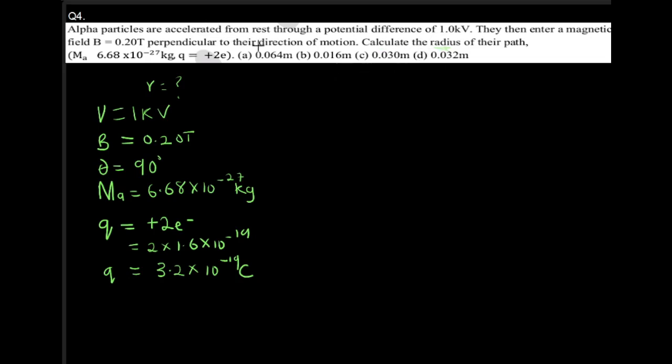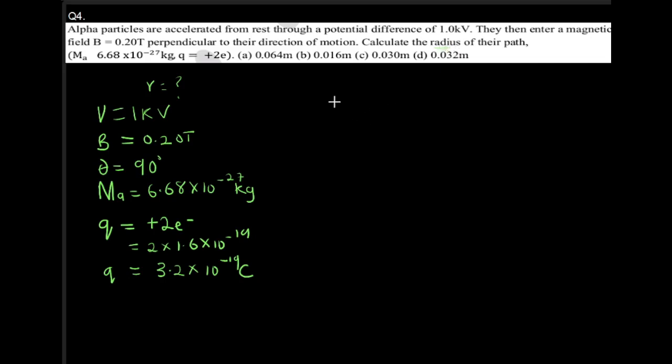Alpha particles are accelerated from rest through a potential difference of this. They then enter a magnetic field perpendicular to their direction. Calculate the radius of the path. So that's to say the alpha particles will now move in a circular manner, for us to be asked the radius.